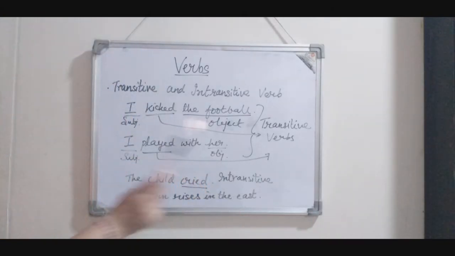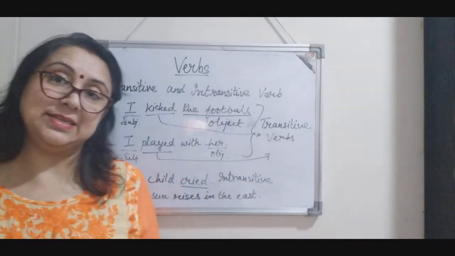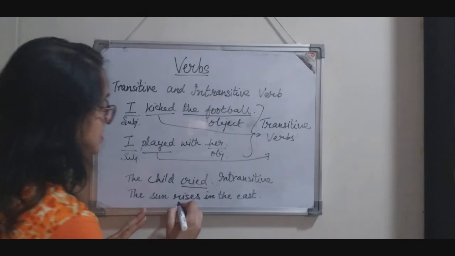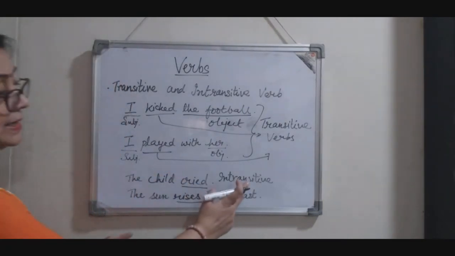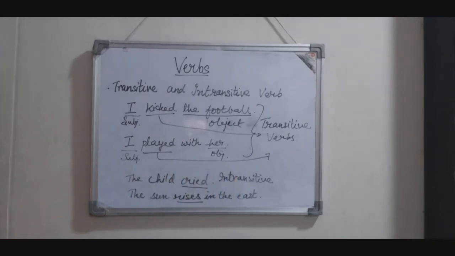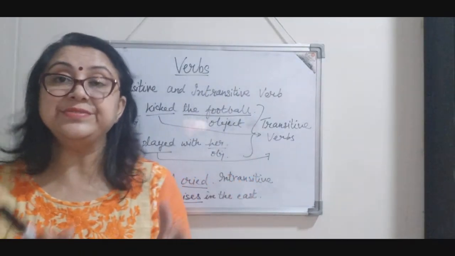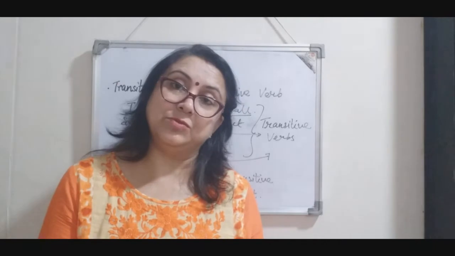So, in the east cannot be the object of the sentence, right? So here again the same thing. The sun rises in the east. The verb rises is an intransitive verb. So I hope this is very clear to everyone. Transitive, with object. Intransitive, no object.